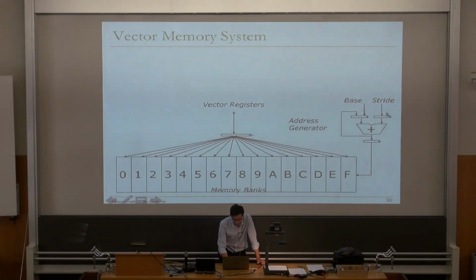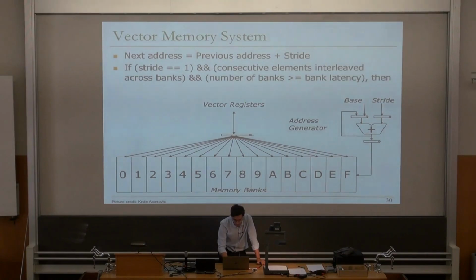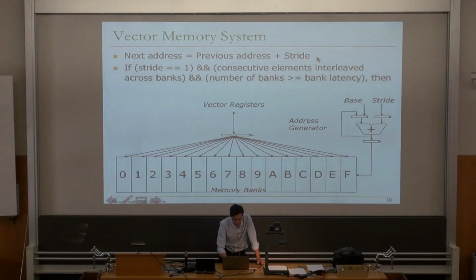We need an address generator that generates the address that will be stored in the memory address register and will be used to access all the different banks. Here we just need one address generator because we start the access to each bank in a different consecutive cycle. This is how we calculate the address: the next address is the previous address plus the stride.